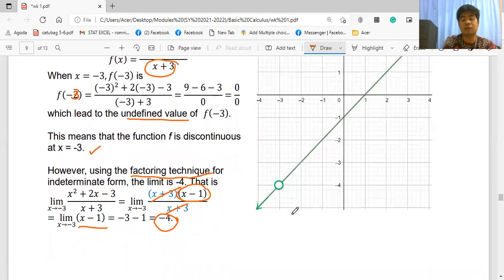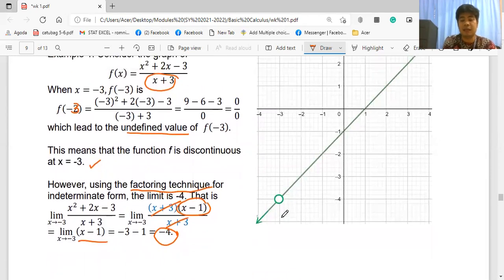And tandaan nyo class, by the graphical analysis, as you keep on approaching -3 from either side, both sides, parehong pinupuntahan ng y value, papunta sila sa -4. Itong hole na to, this simply suggests that you can redefine it, okay? And the factoring technique can be used.